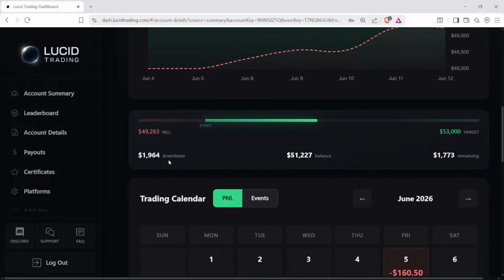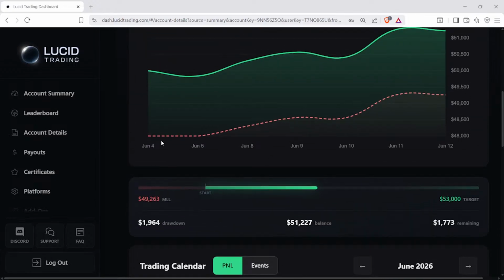So drawdown is 1964. Now here it was 2,000, right? 50,000 minus 48,000 is 2,000.